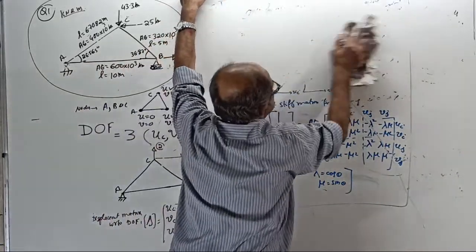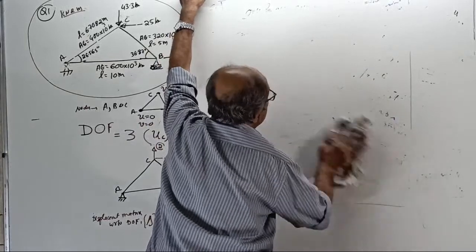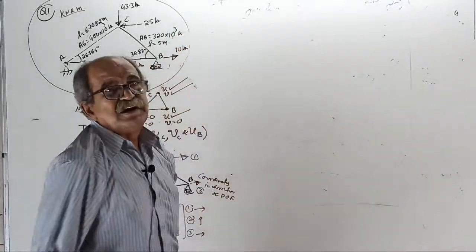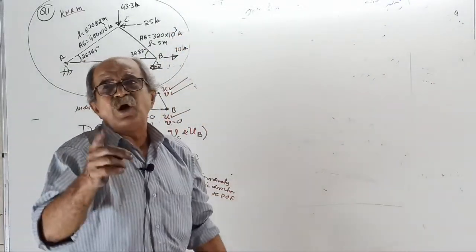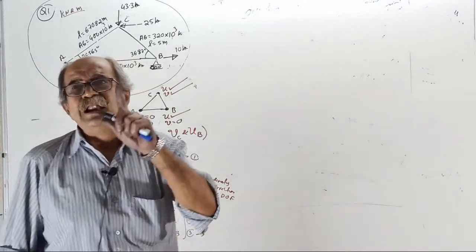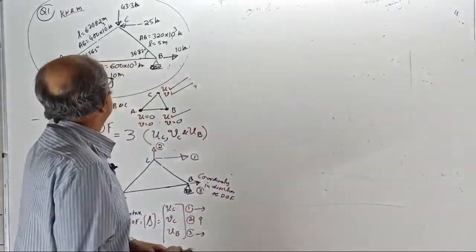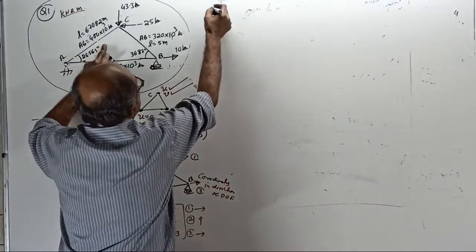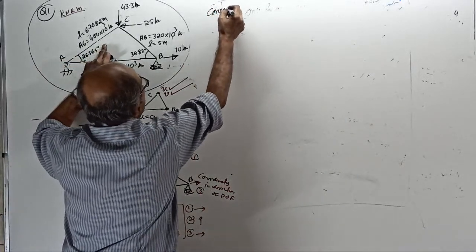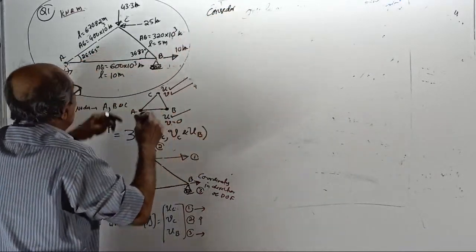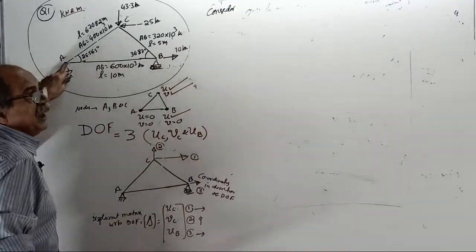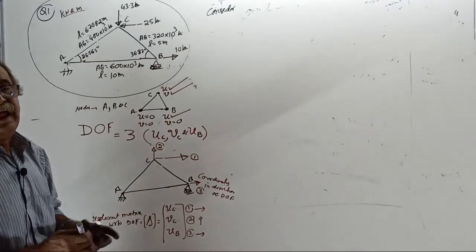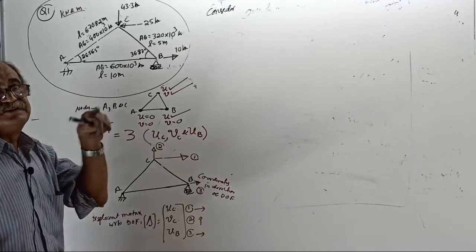Now, note, consider all the members. One member only once. Start. Consider AC. If you are measuring angle at A, it should be considered AC.